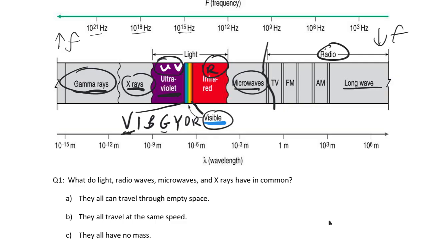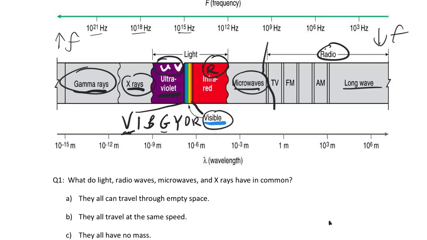So that'd be violet of the two. Who has the lower frequency, microwaves or ultraviolet waves? Well, microwaves is closer to the right side on the spectrum, so it has lower frequency than X-rays.